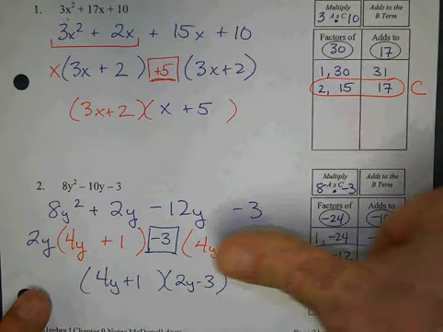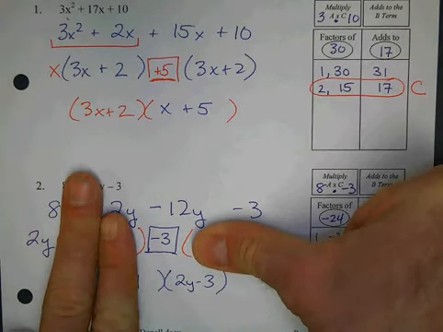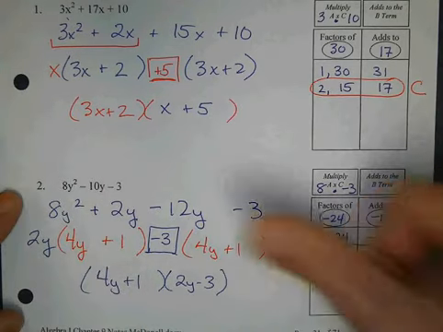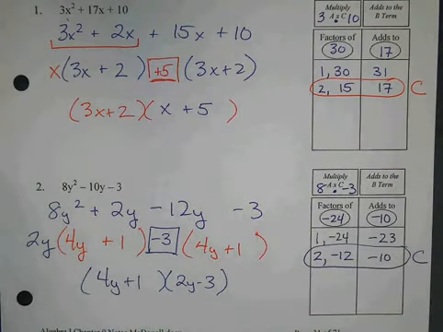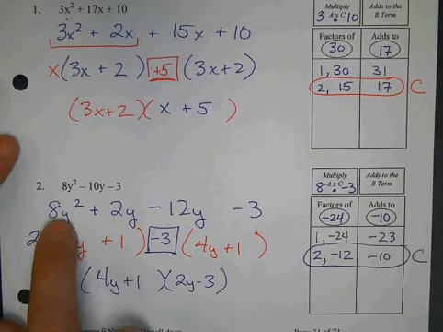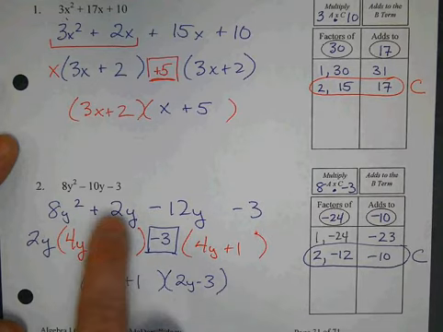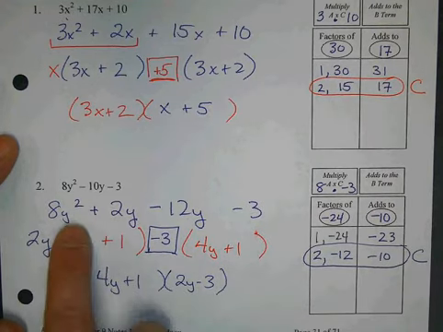Dylan, once again, what I do is I cover up the 4y plus 1s, and I look at my thing and I say, what's left? The 2y and the minus 3. Good call. Josh. I have a question on the 2y. How did you get that again? This 2y right here? Yeah. I looked at the 8 and the 2, and I said, what is the common factor between the two of them? And obviously between 8 and 2, it's 2?